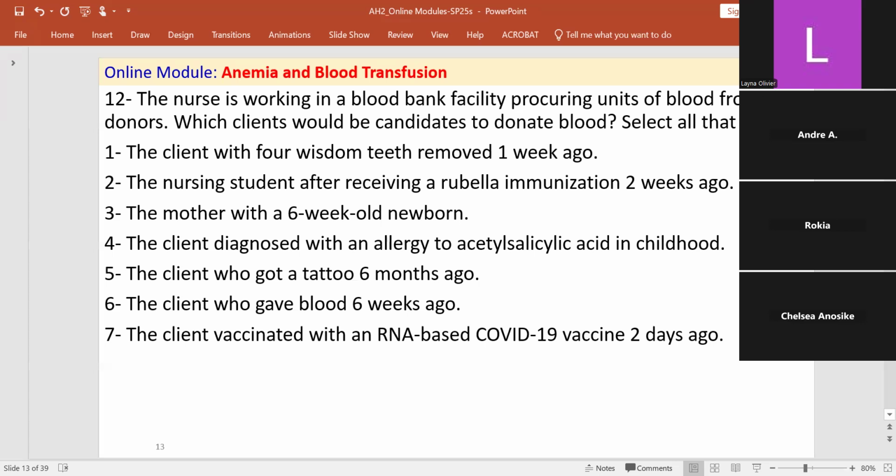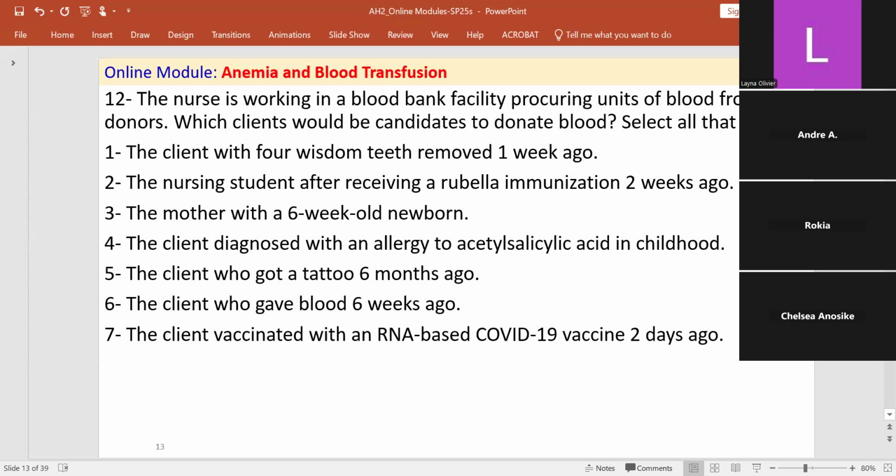So that's why we have to go over time frames here. For rubella, it's 1 month. After 1 month, they can. For postpartum, it's 6 weeks, and if it's 6 weeks or over, they can. Let's say in the exam I changed that to a mother with a 2-week-old newborn.